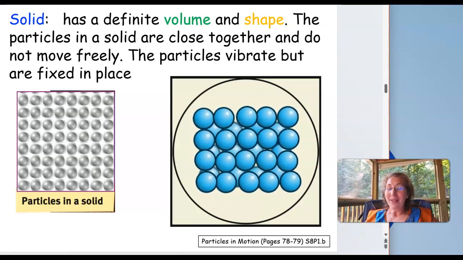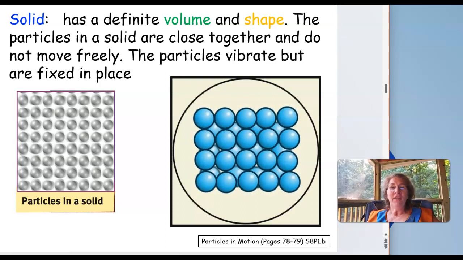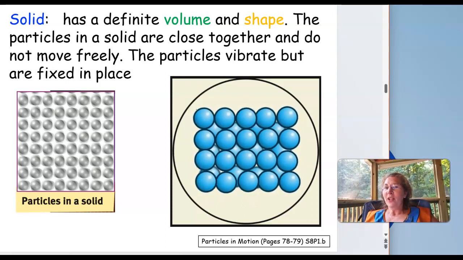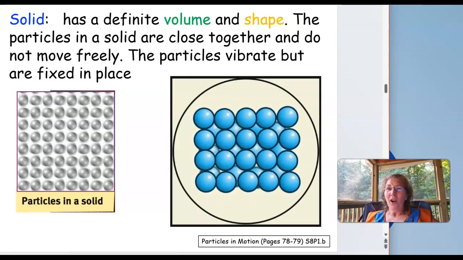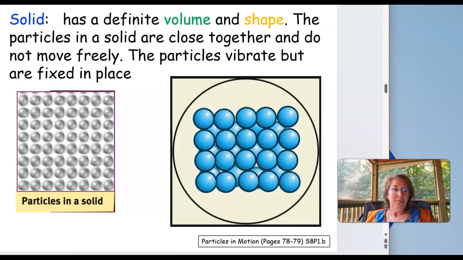We might be able to see it, but it's there. The particles aren't able to move around freely because they're so closely packed together. And atoms vibrate, and this has to do with the position of the electrons and the protons in the nucleus of the atom, but they are in constant motion. So they're kind of doing like a wiggling in place.